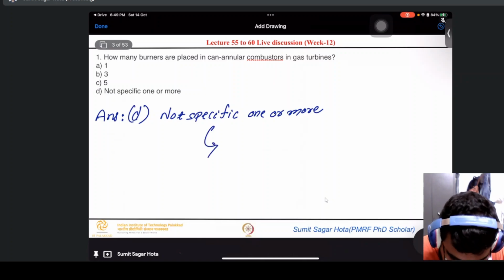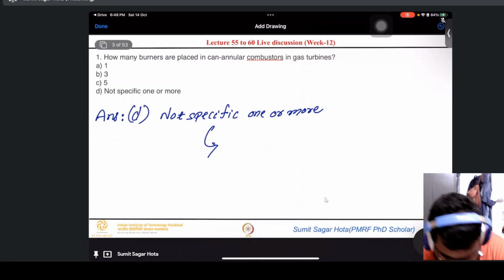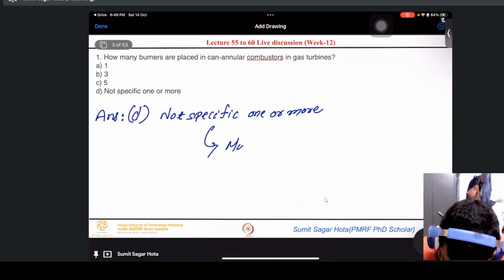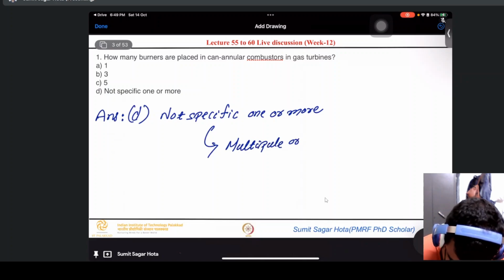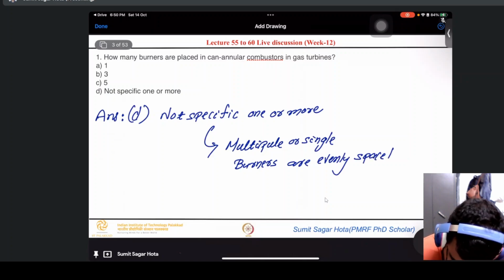Does it mean multiple or single burners are evenly spaced in the combustor?